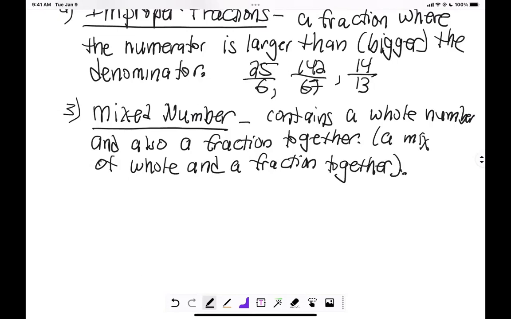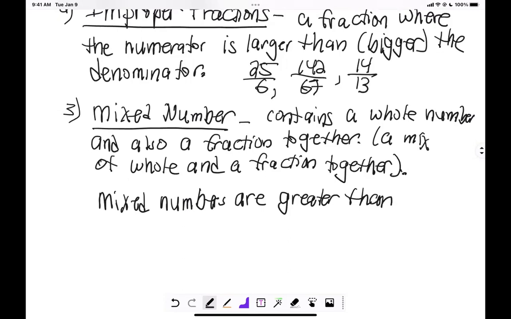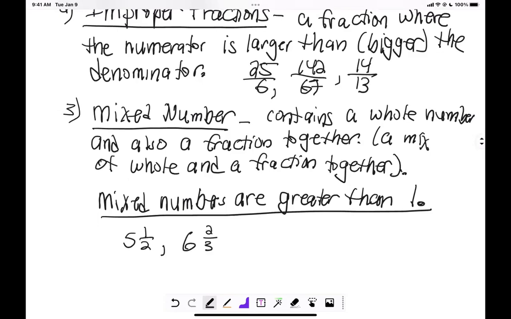Okay, the most important thing about mixed numbers is that mixed numbers are greater than 1. They're all bigger than 1, mixed numbers. An example of a mixed number would be 5 1/2, 6 2/3, 142 and 2/7, something like that.